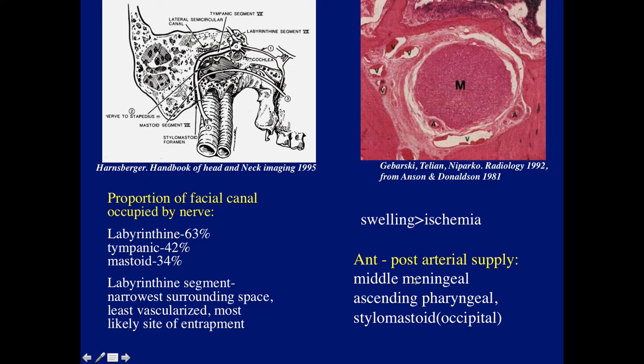Just the supply of the facial canal anteriorly, it's the middle meningeal. In the middle, it's ascending pharyngeal, and then also a branch from the occipital, the stylomastoid.